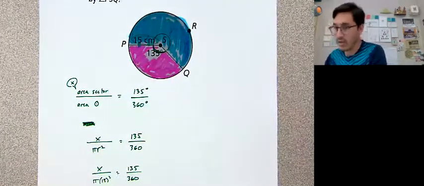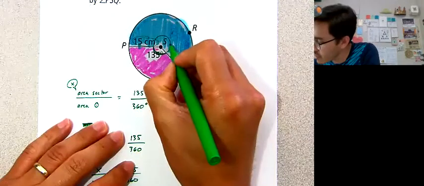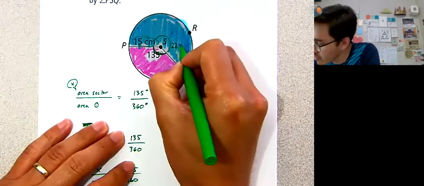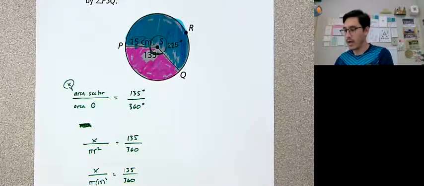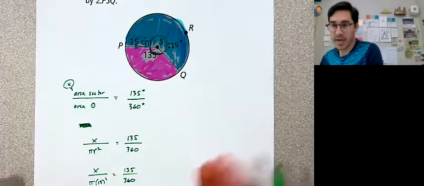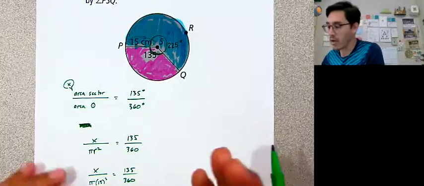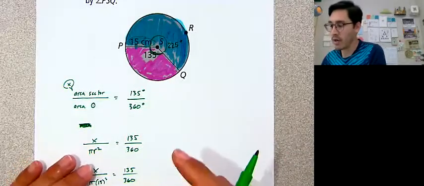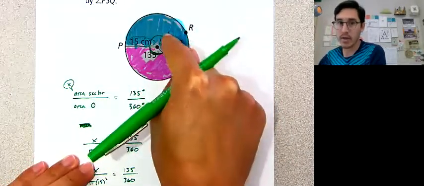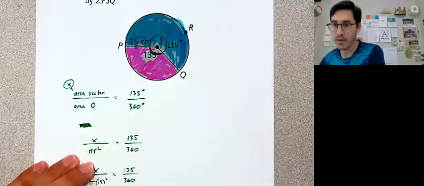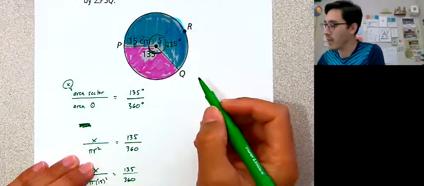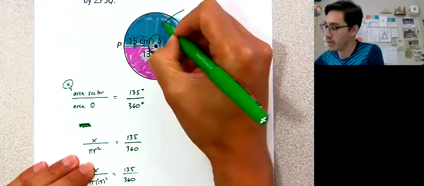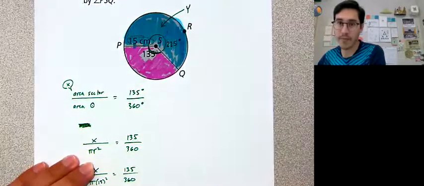Okay, so let's see how well this shows up. 225 degrees. Okay. And then we're going to use the same kind of proportional thinking. The ratio of the blue area to the total area is equal to the ratio of the central angles. So let me call this area there y.